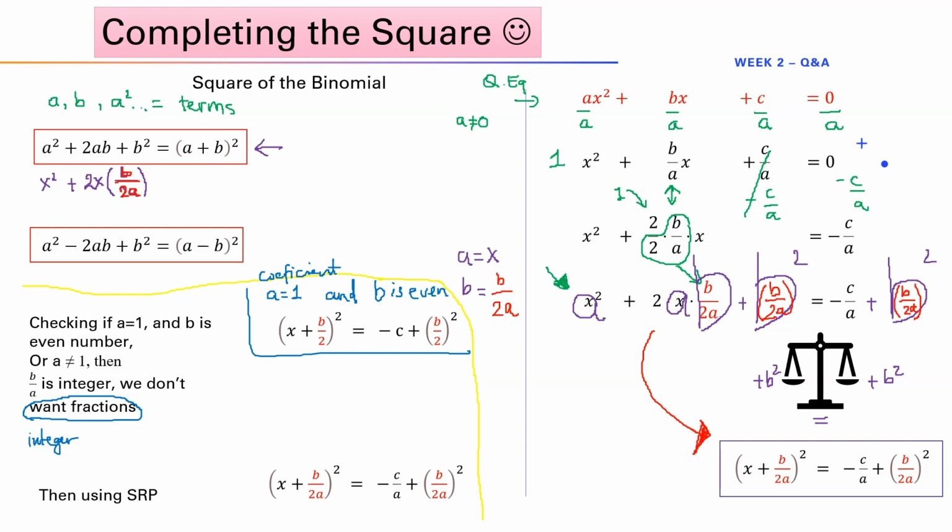And also, if we have the coefficient a different from 1, and of course different from 0, and we take b and divide by a and we have an integer, we will use this formula.